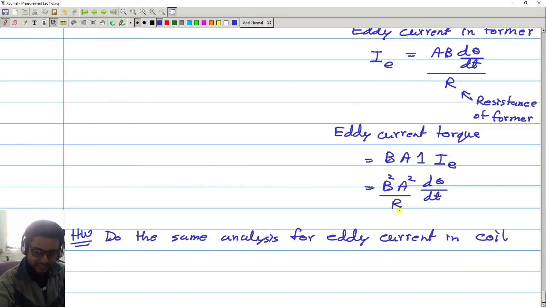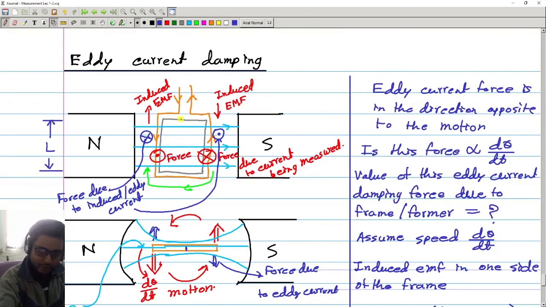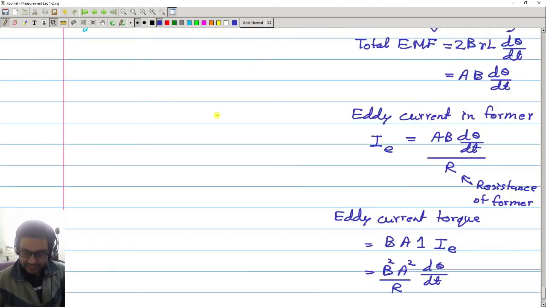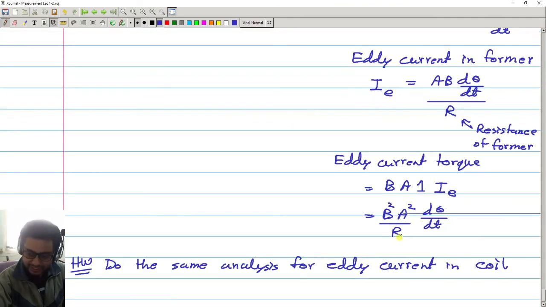What about this? Area will almost be the same, although I'm putting in resistance. Resistance will change. Excellent. Which resistance will you use?